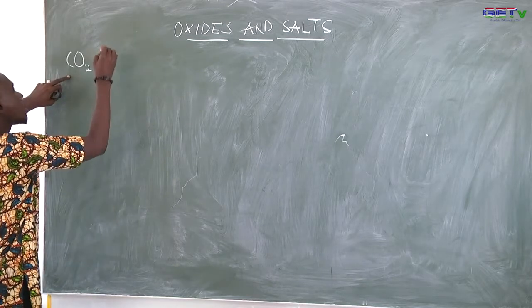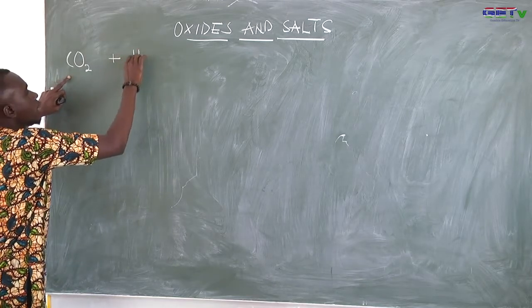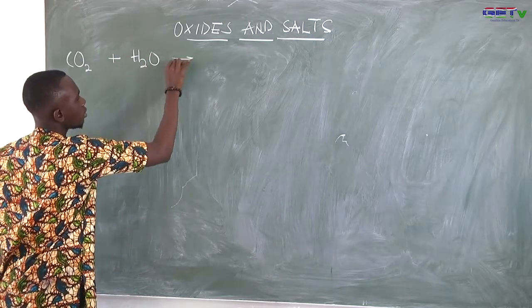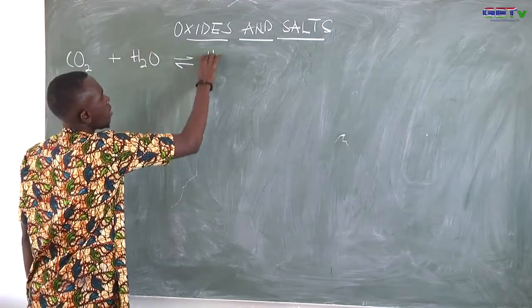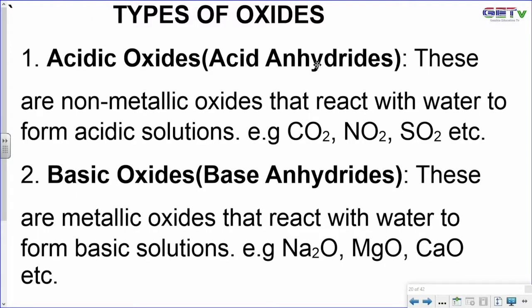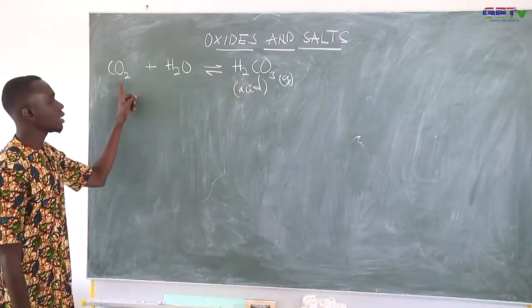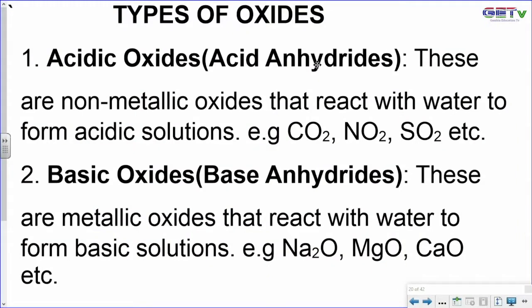Now, when this type of oxide reacts with water, H2O, in a reversible reaction, this can form H2CO3, which is aqueous. And this compound now is an acid. So you see, we have the non-metallic oxide with water, and then it forms an acid. That's why we said these acidic oxides are non-metallic oxides that react with water to form acid solutions.